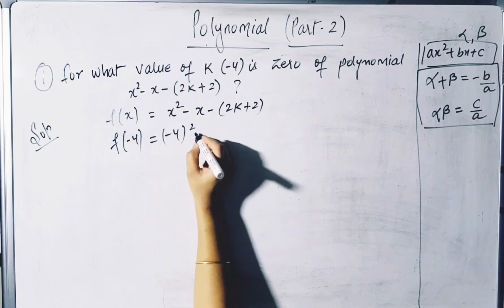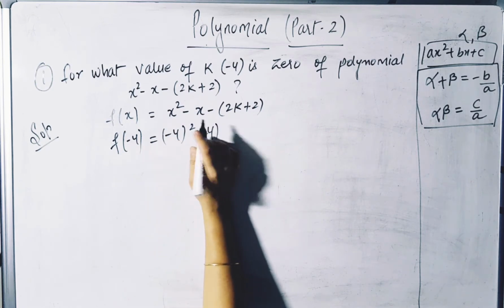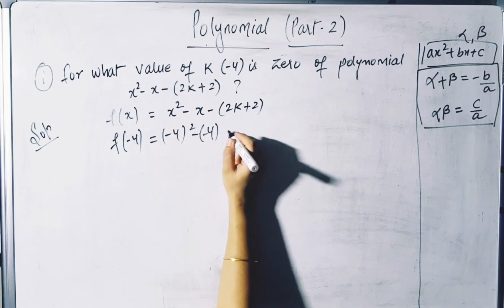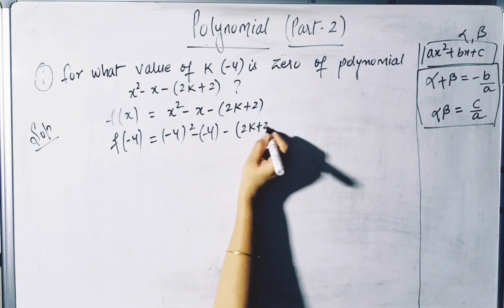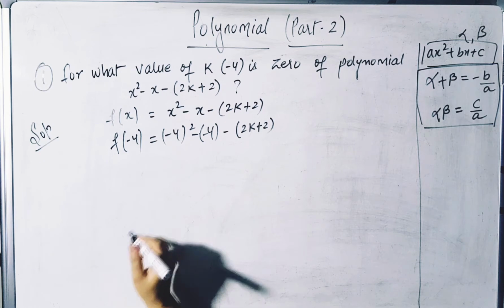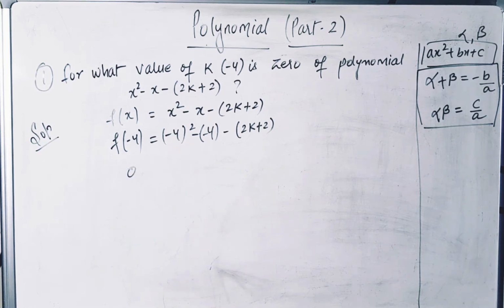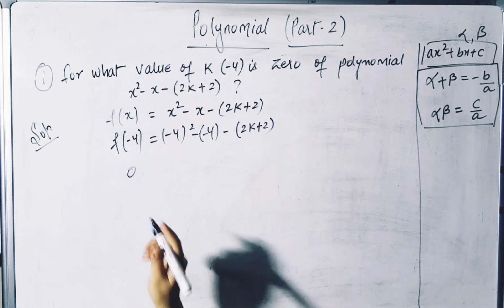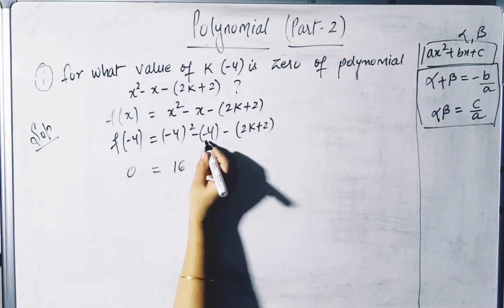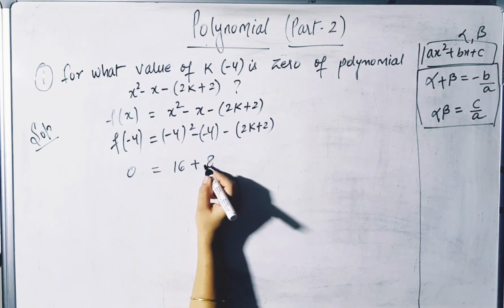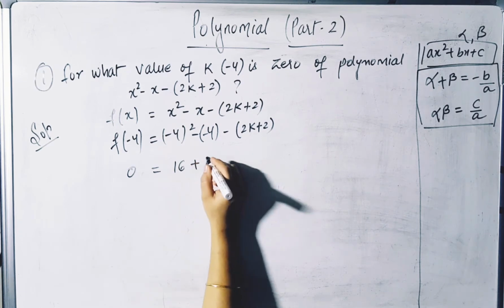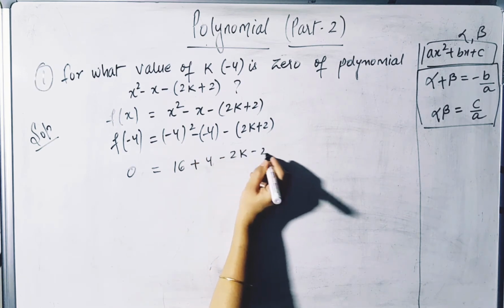Minus 4 square minus (minus 4), minus (2k plus 2). So f of minus 4 is 0, because they have given minus 4 is the zero of the polynomial. Now we'll solve it. 16 plus 4 minus 2k minus 2.